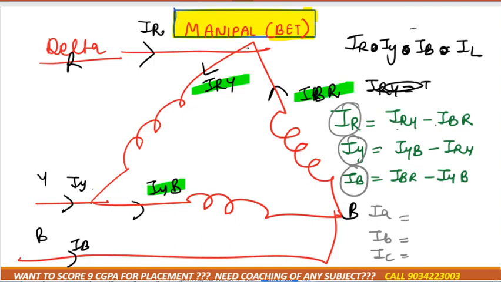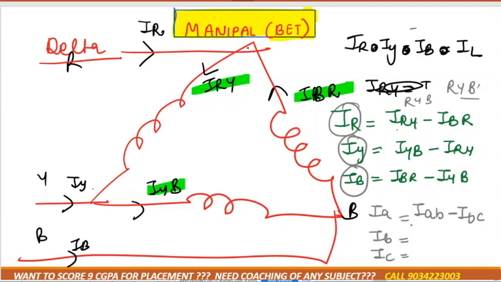So IR would be IRY minus IBR, so in ABC terms, IA would be IAB minus ICA. R to Y, then B to R. Similarly, in this case also it will start from R, Y, B, then Y to B, then R, Y. So we have to compare it, then we'll get the answer.